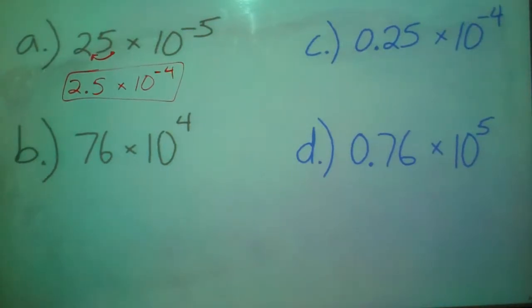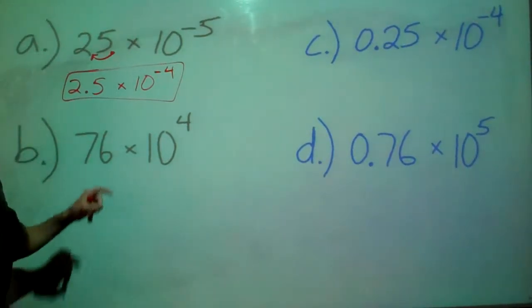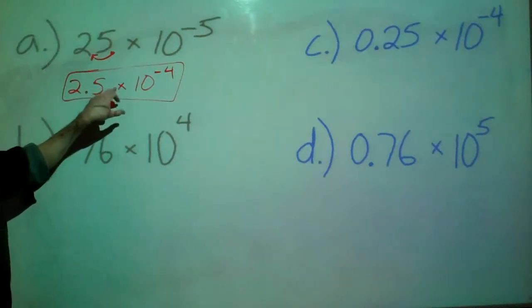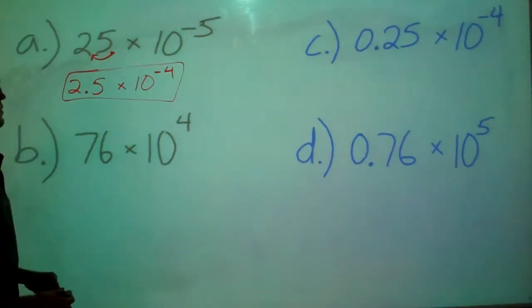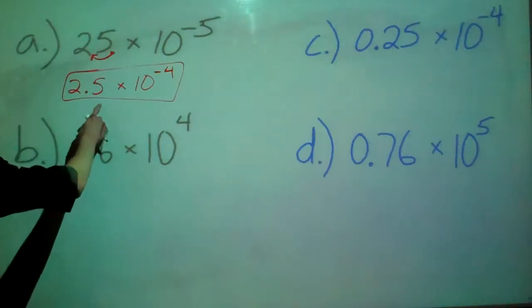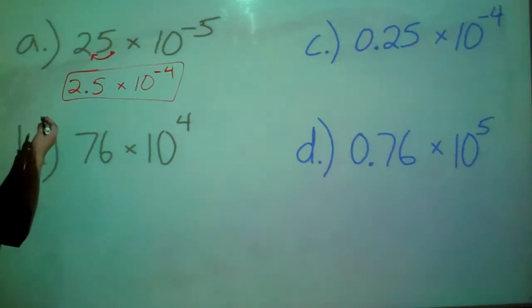Now let's just check and see if that gets us the same answer. Both of these should be the same number. It's just that this one is more proper. This is the proper scientific notation. So let's see what this would be. 2.5 times 10 to the -4.